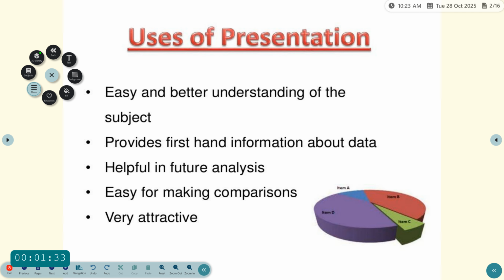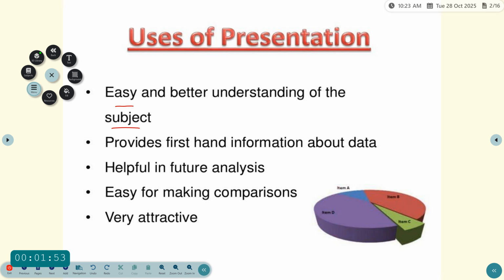Now, what are the uses of presenting the data in tabular form or in diagrammatic form? It gives an easy and better understanding of the subject. It provides first-hand information about data. If we see the table or presentation, we have some idea about the data.